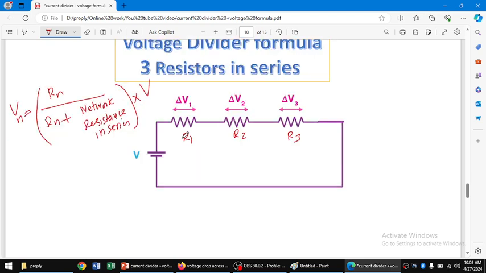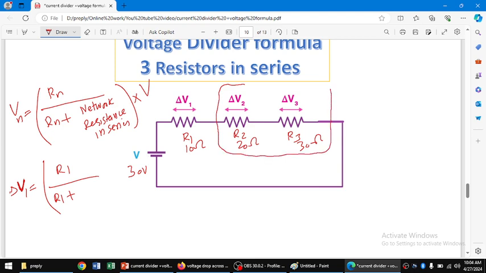Let us take a simple example. We have three resistors, 10 ohm, 20 ohm and 30 ohm, and the total source voltage is 30 volts. We want to find the potential across R1, V1. We use R1 divided by R1 plus the other resistances. As R2 and R3 are in series with R1, the network resistance is R2 plus R3.